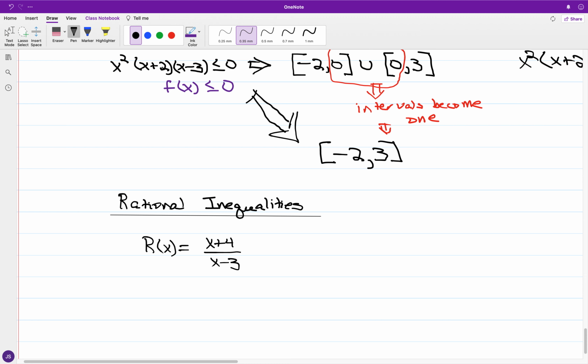What I'm going to do here is, since I have two x expressions, work with the zeros. So if I have x plus 4 equal to 0, I have x equal to -4.